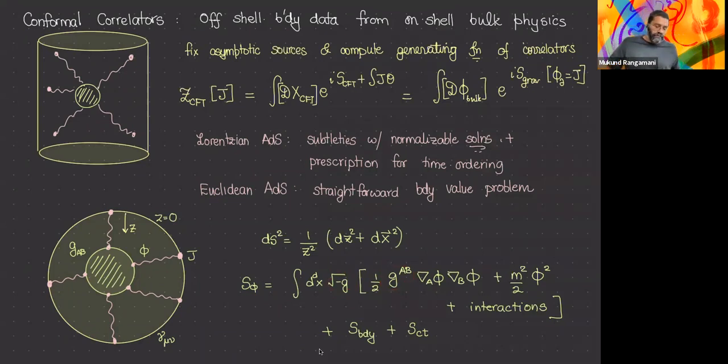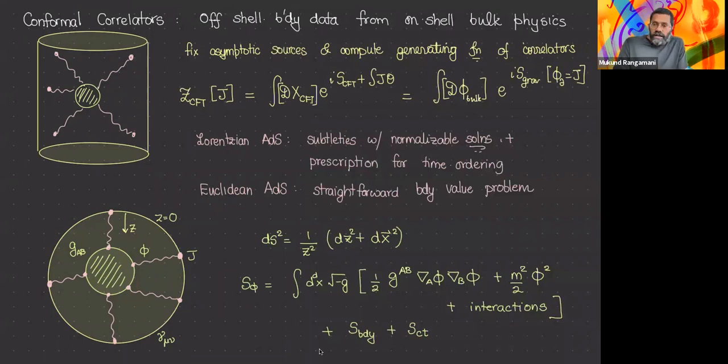I will have to specify at some point some boundary conditions, because this is really a spacetime with a finite boundary, and I will have to specify some regulating terms to compute physical finite correlation functions, which I will call the counterterm action. Okay.